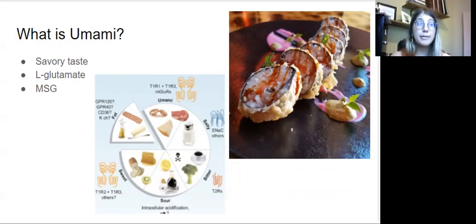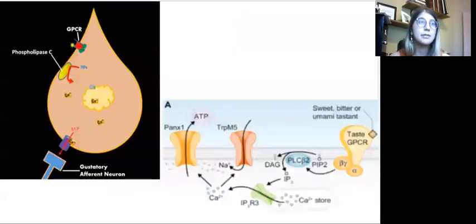So now let's talk about the specific umami receptor business. These 2 images represent 2 different visualizations of the same process.